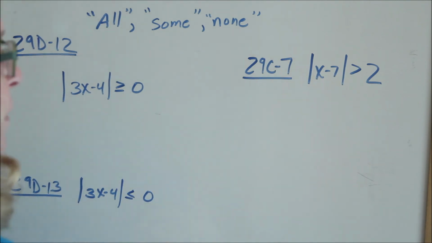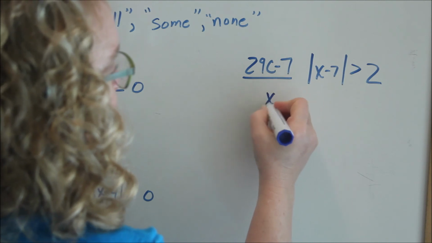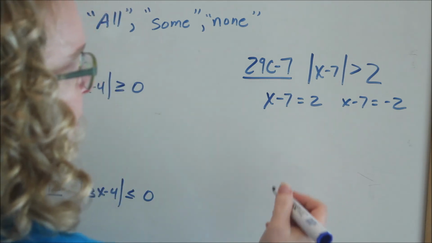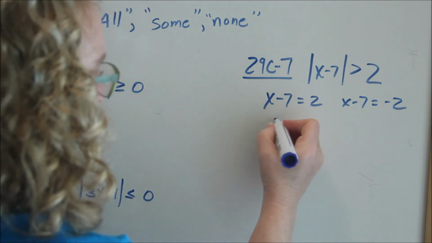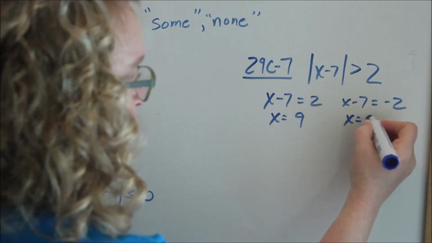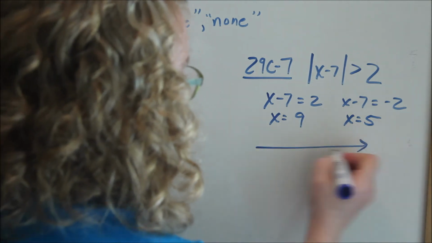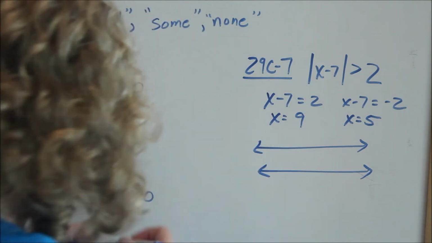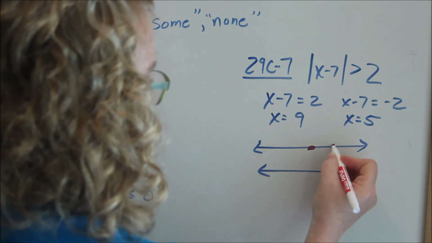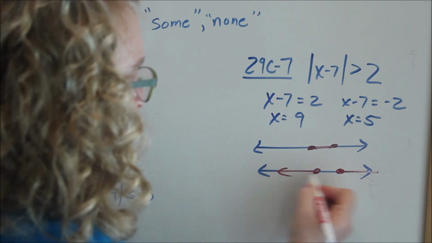So, here, if we were to solve that like we just did the other one, then we would have x minus 7 equals 2 and x minus 7 equals negative 2. So going through and solving that, add 7 to both sides, x equals 9, add 7, x equals 5. So you'd be plotting those 2 points. And when you plot those 2 points on a number line, you're either going to come up with this answer, where it's in between, or you're going to come up with something like this.